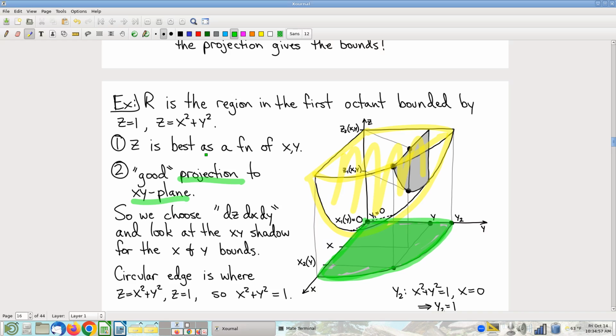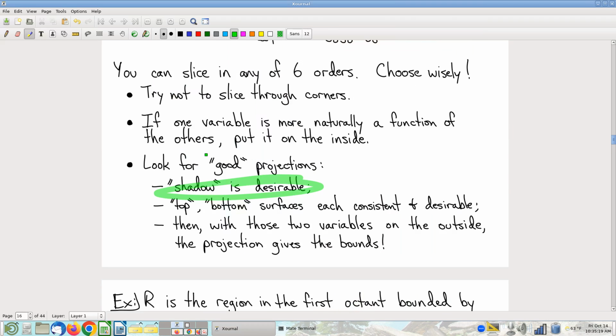To be fair, it does have a curved edge there, and when I slice this up, I'm going to have a square root, but there's really no way to avoid that. All of the projections are going to have some sort of a curve in them. So I'm going to say that this is not a bad projection. Okay. All right. Good shadow.